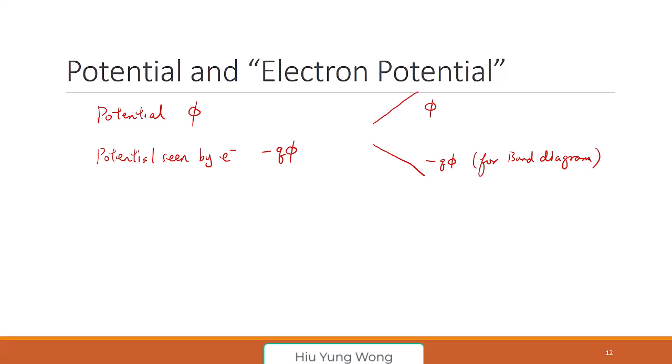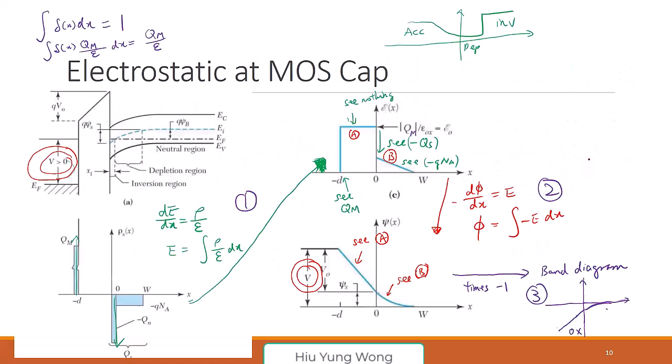Just a concept I want to remind you of, is everyone okay with that? Just like here, we use the Poisson equation to derive potential, but when you go to the band diagram, you flip it. It means the electron wants to go to this lower part, which means higher potential, which is correct. The electron wants to go to a more positive potential, right?